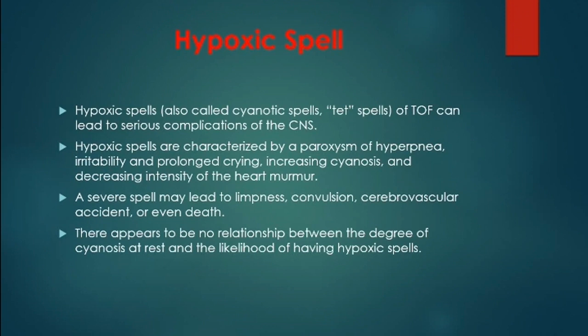A severe spell may lead to serious CNS complications, limpness, convulsions, cerebrovascular accidents, or even death. There appears to be no relation between the degree of cyanosis at rest and the likelihood of having hypoxic spells. The patient may present with saturation in the 80s and still have spells as serious as a patient with saturation of 75.